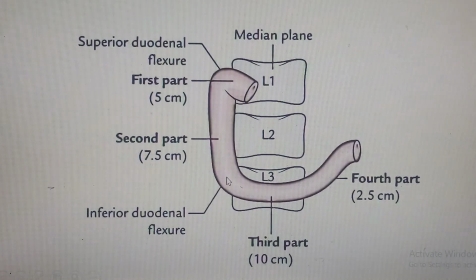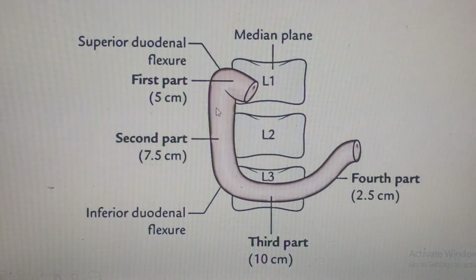Then the third part can be called the horizontal part, and that one is the longest part, roughly 10 centimeters long. Then we have the fourth part, which ascends from L3 all the way to L2, and it is the shortest, just 2.5 centimeters long.